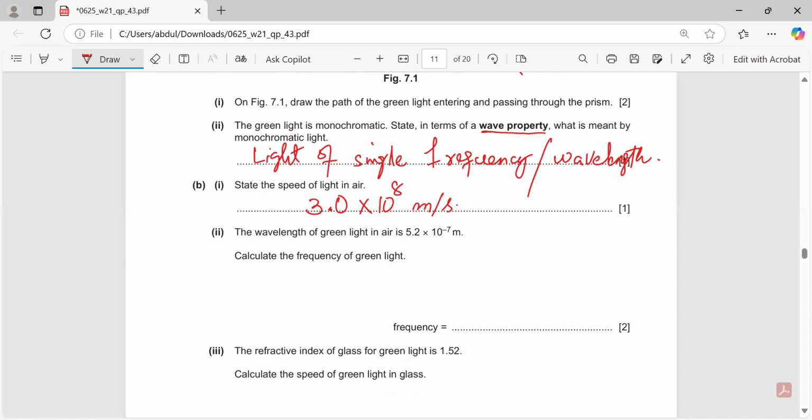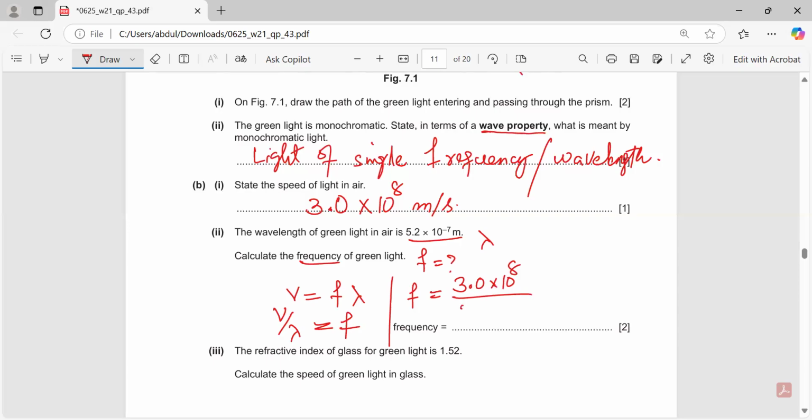Wavelength of green light in air is given. So lambda is given. Calculate the frequency of the light. We know v is equal to f lambda. So make frequency as the subject of equation. So frequency is 3.0 times 10 raised to power 8 over 5.2 times 10 raised to power minus 7.